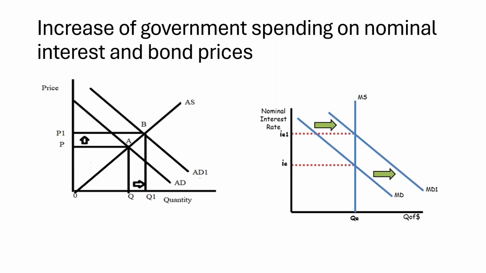What happened is AD shifted from A to B, price levels went up. The shifter of this graph is, do I need more money in my pocket? Yes, I do, because price levels went up. So demand shifts right, interest rates go up. What's the relationship between interest rates and bonds? Inverse. So it's gonna be B as in broccoli.